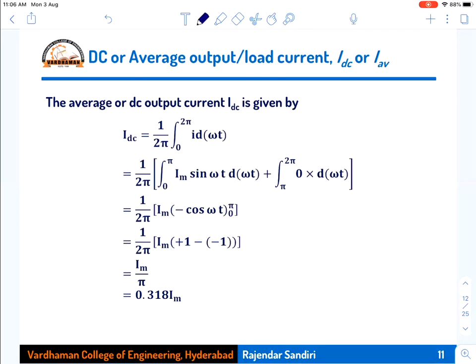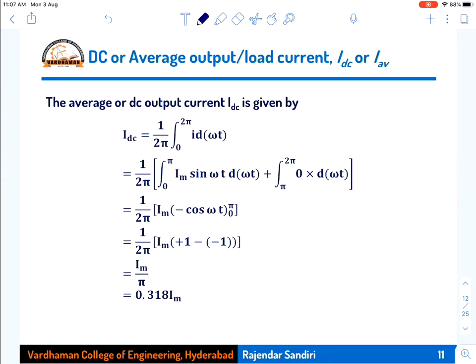So the area under one cycle, we have to take it and calculate. So IDC is equal to 1 by 2 pi integral 0 to 2 pi I into d omega t, where I is the current that will be flowing in the output.